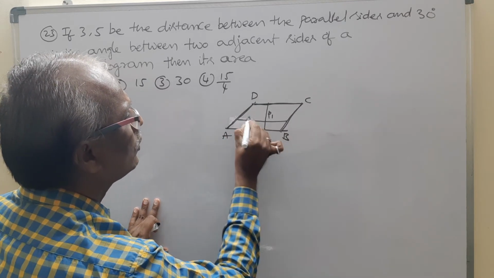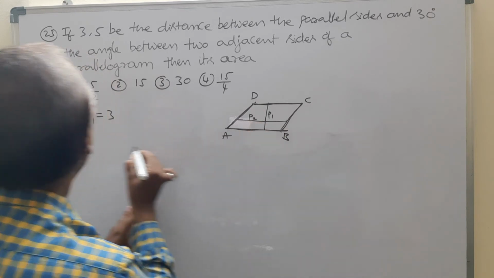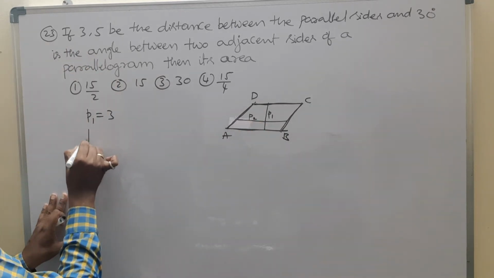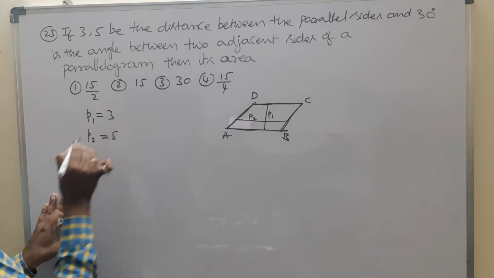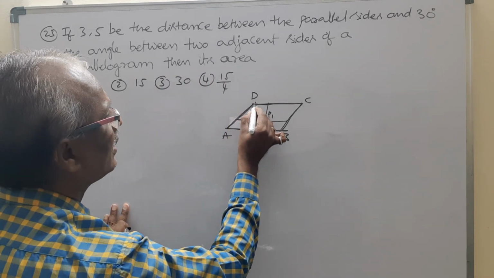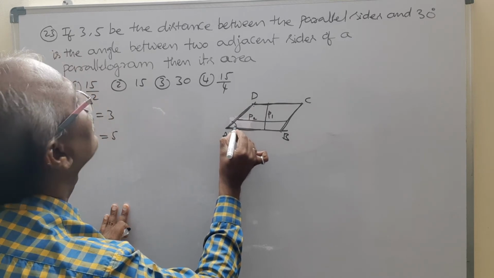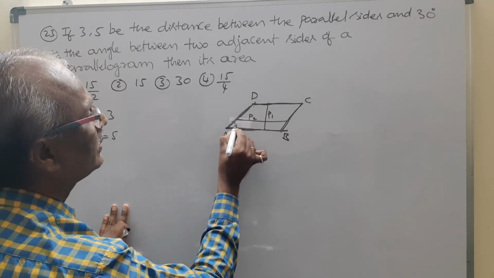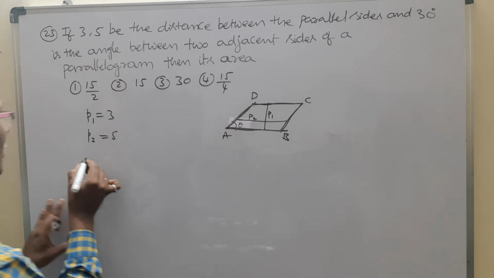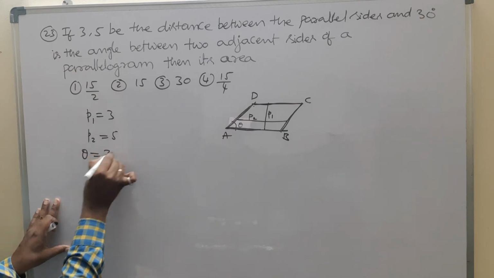This distance is P2, and P2 is given as 5. Next, the angle between adjacent sides. These are adjacent sides. This angle theta is given as 30 degrees.